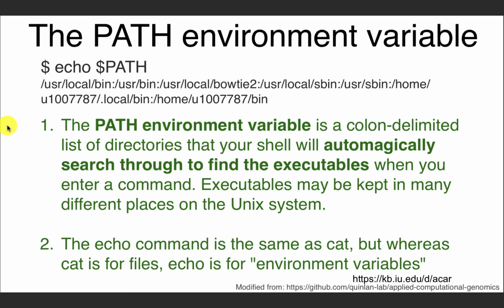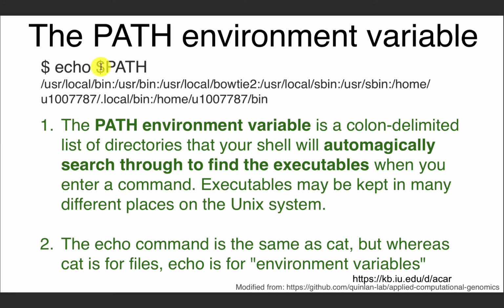So the PATH environment variable, and we'll talk about what environment variables are today and a little bit later as well, is basically a stand-in for a whole list of different directories. Absolute paths to directories, so all the way from the root typically, although you can have them listed from the home as well. Here, if we echo, remember echo prints things, we're saying print the content of our PATH variable.